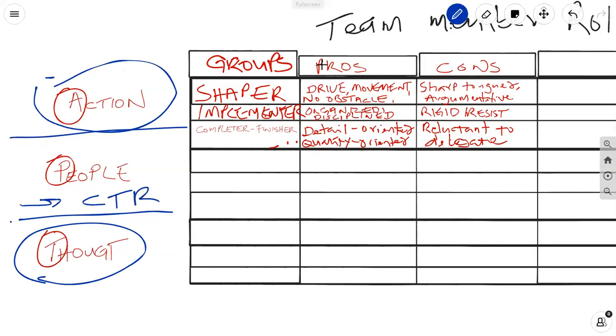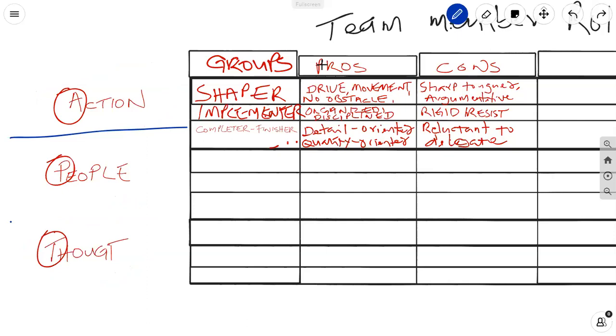So my own way of presenting this is different from the way other people teach it, because I'm trying to put a mnemonic in place for you to remember it. So I deliberately present it to you with the APT and the SIC for action, and you're going to see CTR for people. And you got to remember CTR is center. It's in the center. All right.